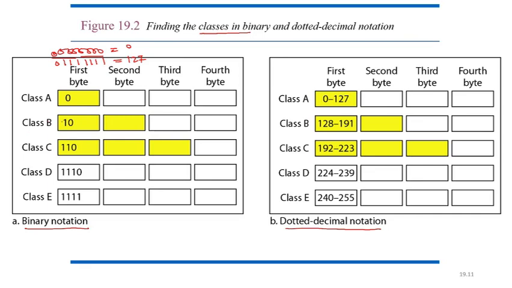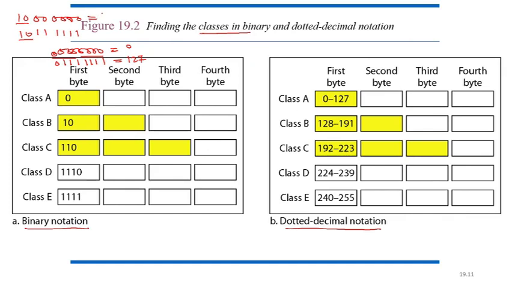Next, in class B, the addressing will start with 1 and 0. So after 1 and 0, the other 6 digits will be changing, while 1 and 0 is fixed. It will be changing from 0 to maximum 1. So 10 will be fixed, so it will be equivalent to 10.